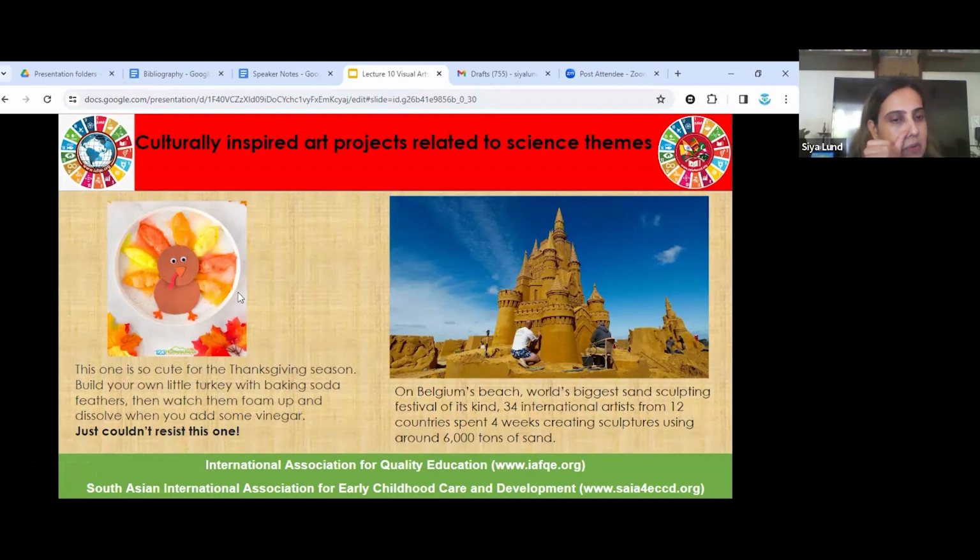You can sprinkle some droplets of color on the soda, and then as you add some vinegar, you can see the feathers dissolve and foam up, and it looks really pretty. So this is something cute.